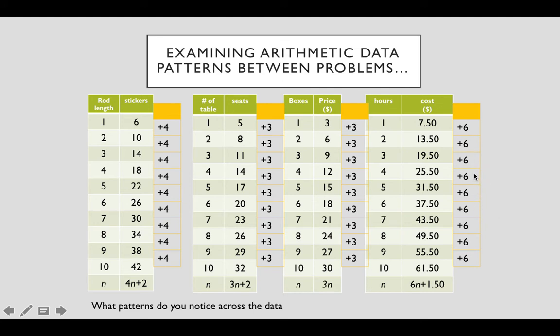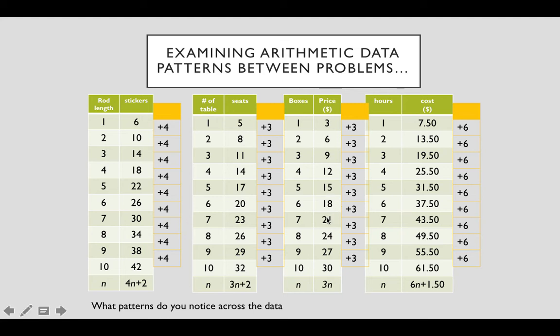So once I see it's plus 6, when I think about what the closed formula is, whatever I do to 7, I know I'm going to multiply it by 6. That's 42. What do I have left over? Oh, another $1.50. So after I multiply it by 6, I have to add $1.50. If I'm going to multiply by 3, 6 times 3 is 18. Do I have to add or subtract anything to make it 18?